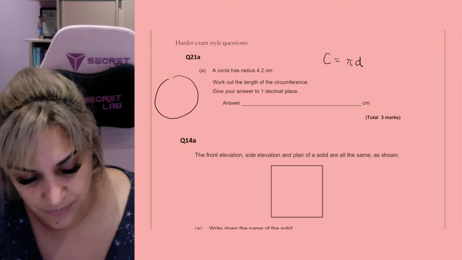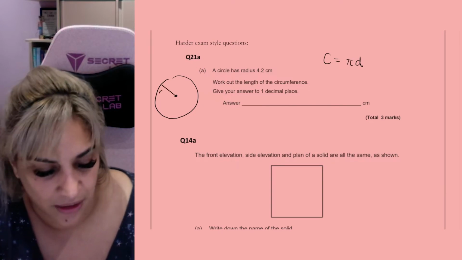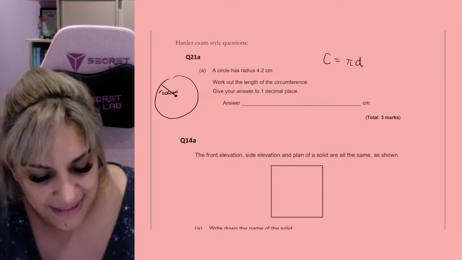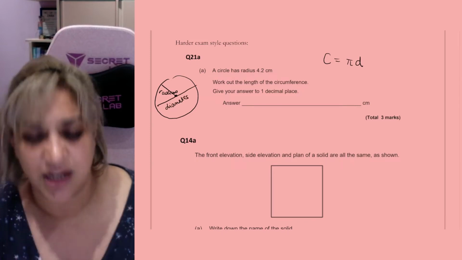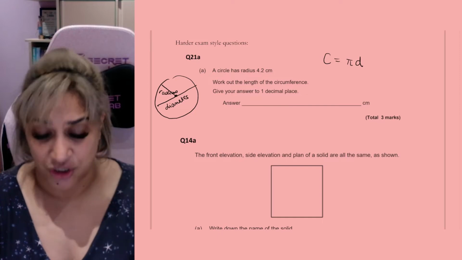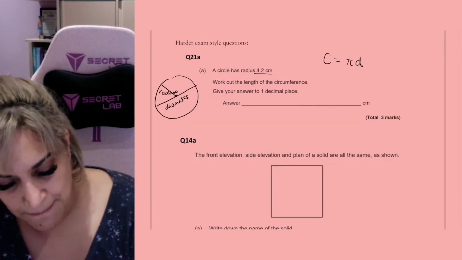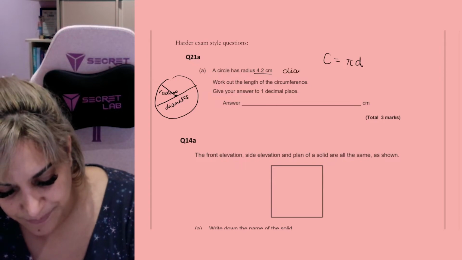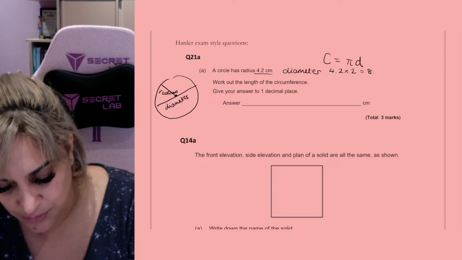The center to the edge is my r, or my radius, and double that is my diameter. Circumference means all the way around the edge. So if the radius is 4.2, the diameter is double that, 4.2 times 2, so 8.4.